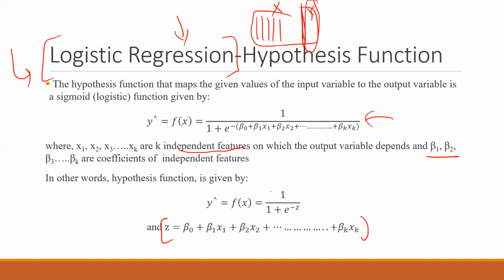The reason is simple. We are directly using this linear regression statement here, because we used to do linear regression by using multiple beta values, multiple coefficients along with the independent variables. Because we are using this statement in our equation, that's why the word regression is there in the logistic regression model.